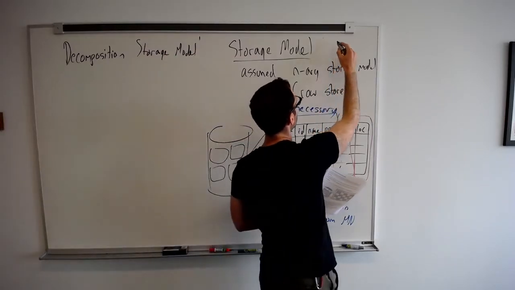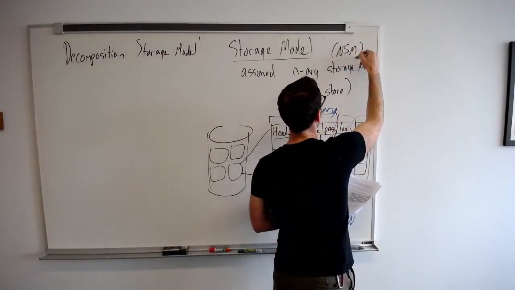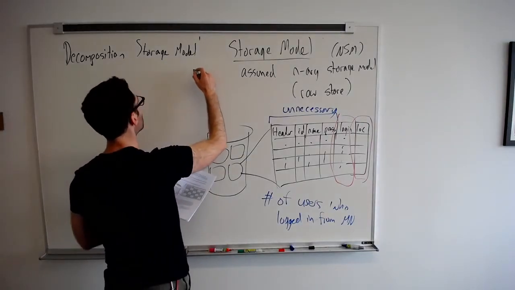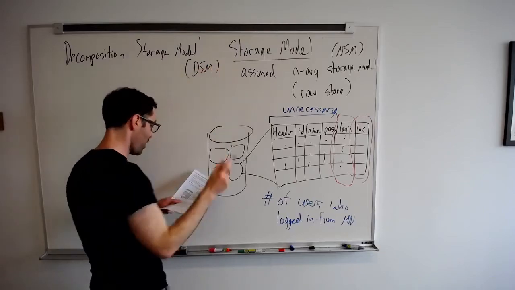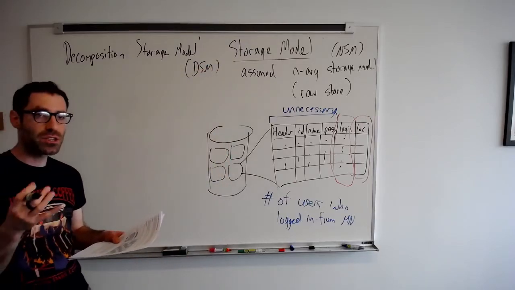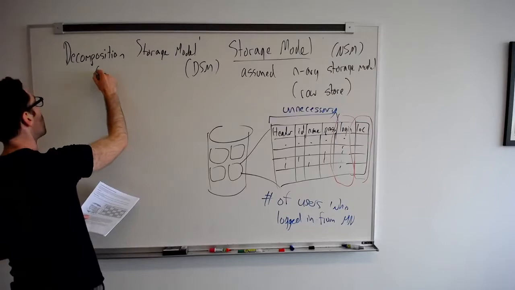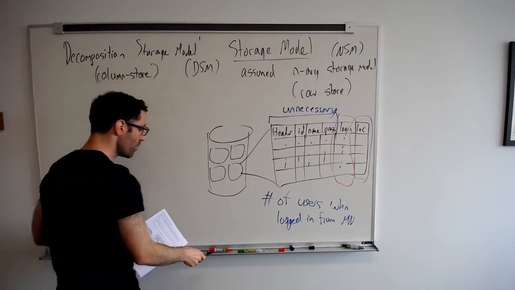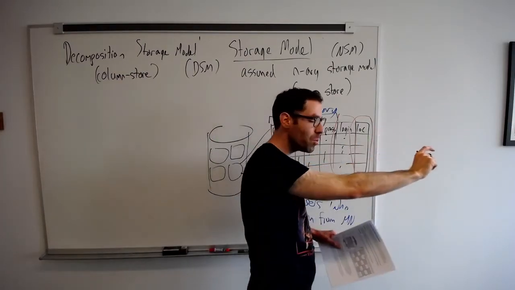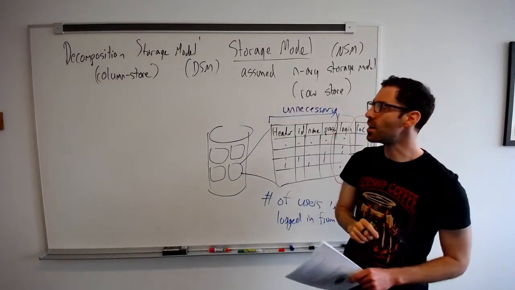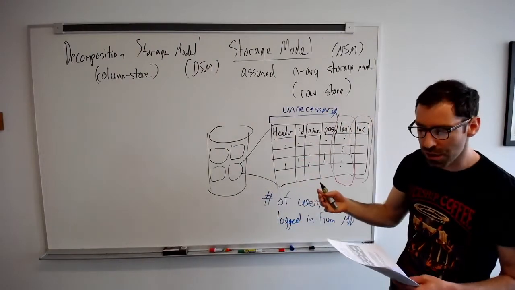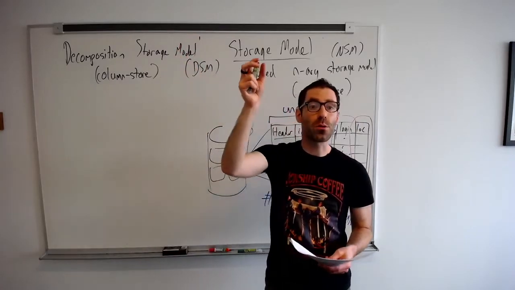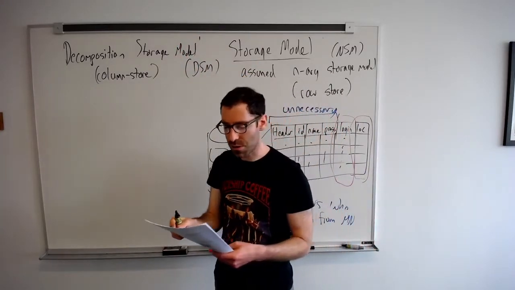The N-ary storage model is sometimes abbreviated NSM, and the decomposition storage model DSM. The idea here is a column store, which is, instead of storing each tuple contiguously in our pages, we store all the values for a particular attribute contiguously.